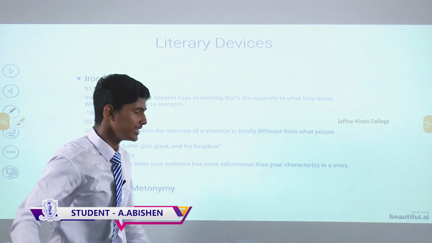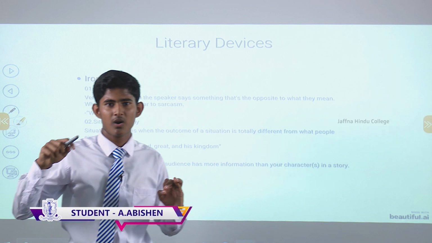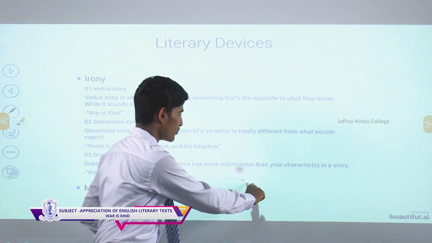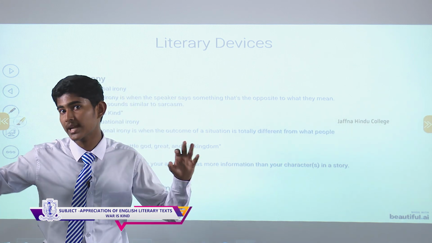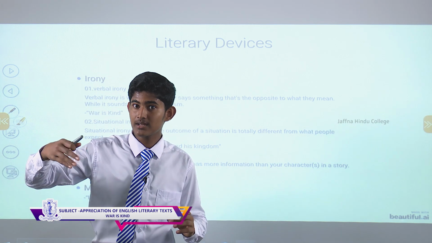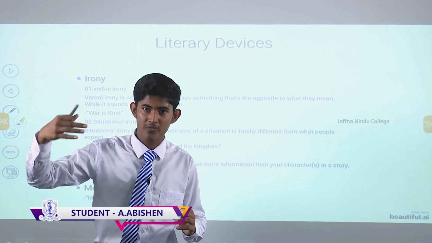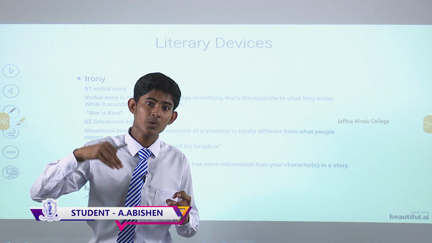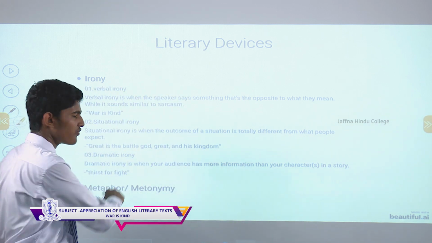Then the dramatic irony. Dramatic irony is because the audience has more information when compared to the characters. The audience, or the readers or the viewers, can get more information than the characters through the narrator. Thirst for fight.